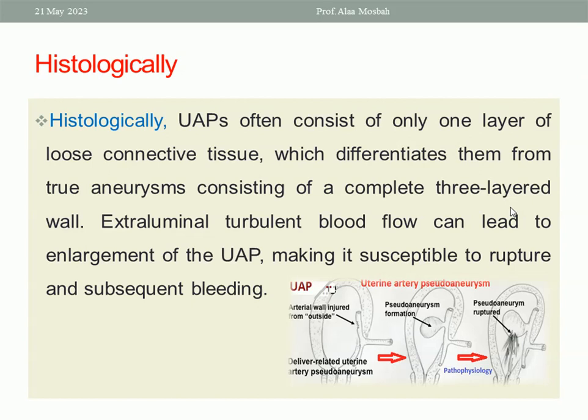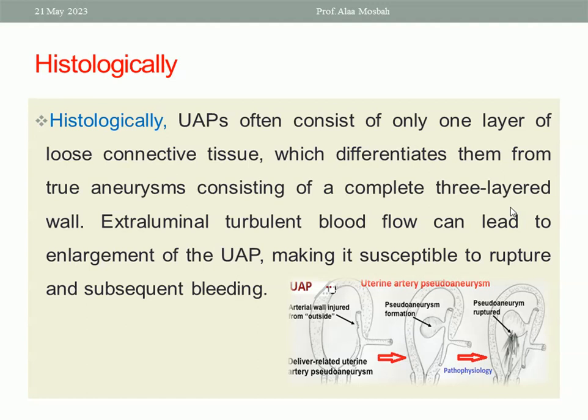Histologically, uterine artery pseudoaneurysm often consists of only one layer of loose connective tissue, which differentiates them from true aneurysm, consisting of a complete three-layered wall. We know that the wall of the artery is formed of three layers.